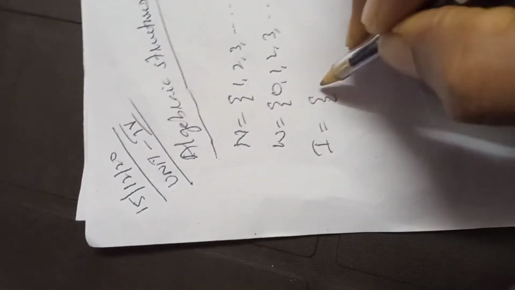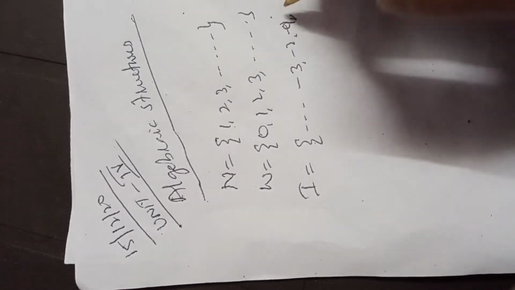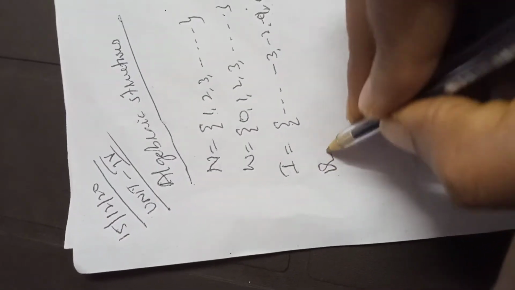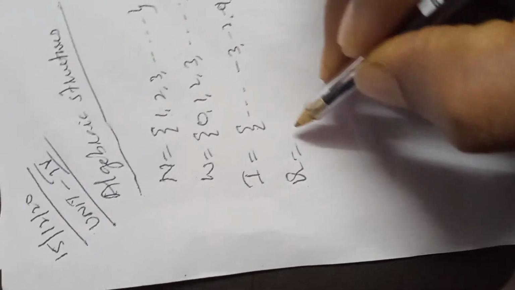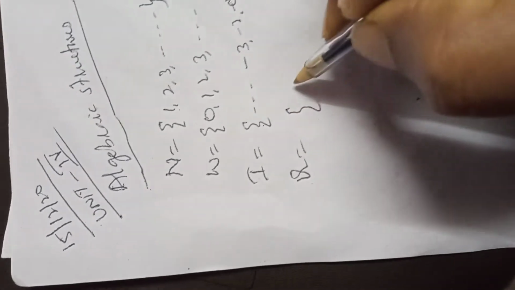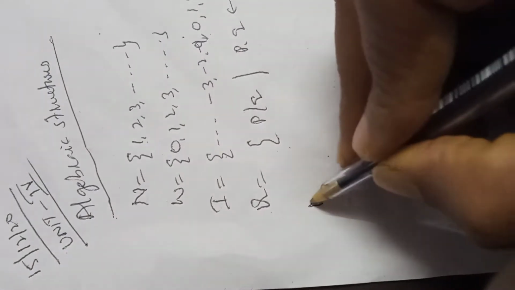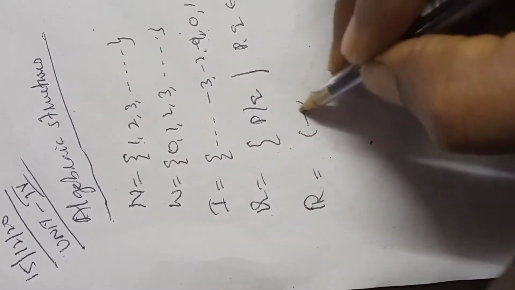Set of integers means the collection of all negative integers and positive numbers, including 0. The set of rational numbers is denoted by Q, which are in the form of p by q, where p and q are integers and q is not equal to 0. The set of real numbers is minus infinity to infinity.